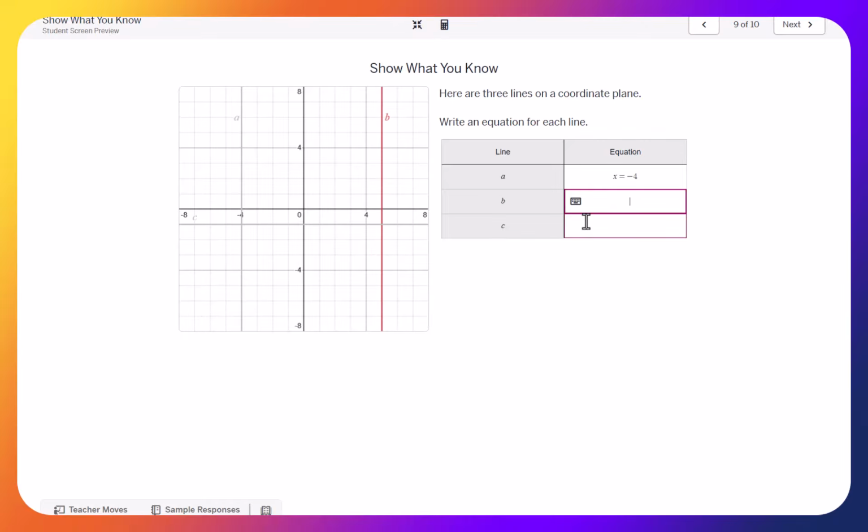And for B, it would be x equals +5, because you can see the line passes through +5 on the x-axis. C is different because it's horizontal. I have to remember to write y equals instead of x equals. And it looks like it passes through the y-axis here at -1.